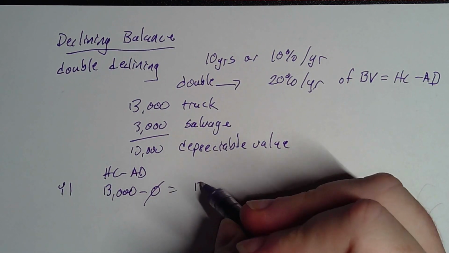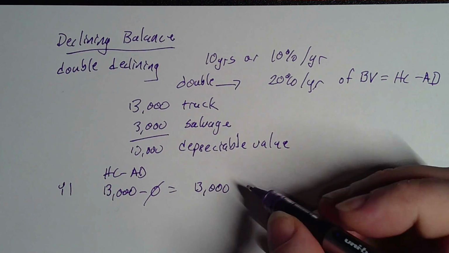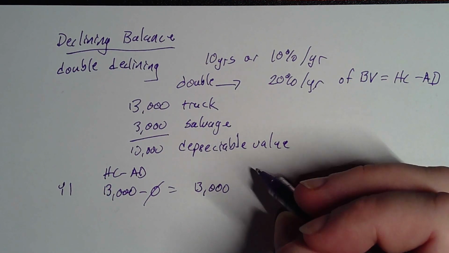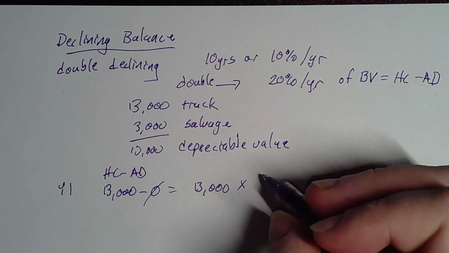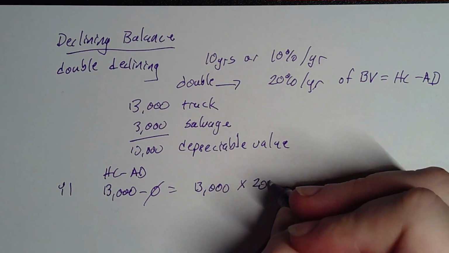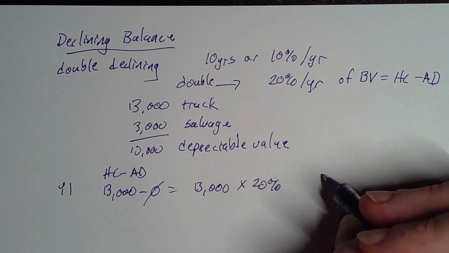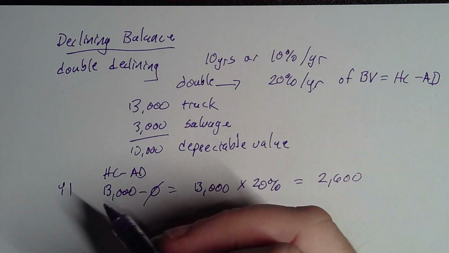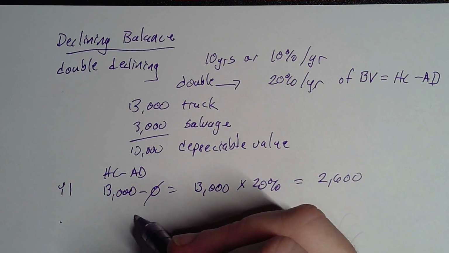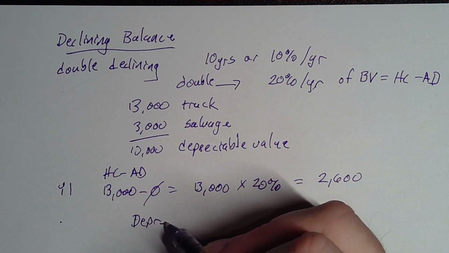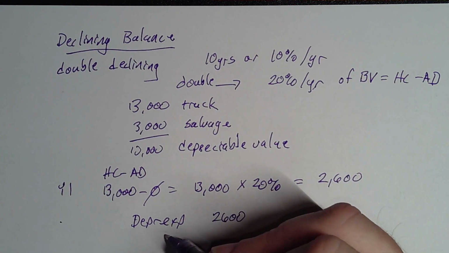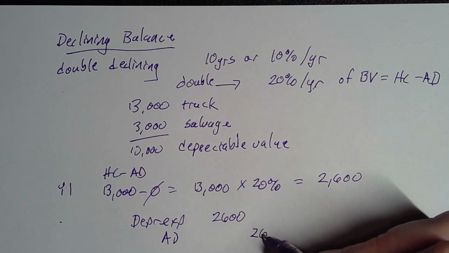So that equals 13,000 times 20%. So this is going to be equal to 2,600. Our journal entry would be depreciation expense, 2,600, and accumulated depreciation of 2,600.